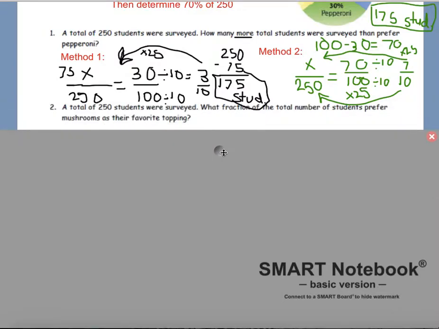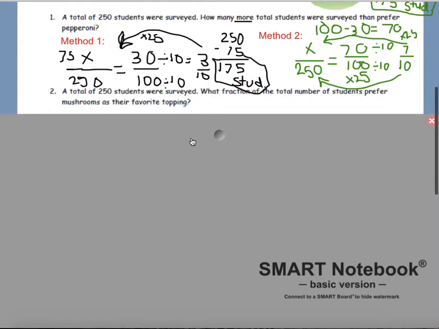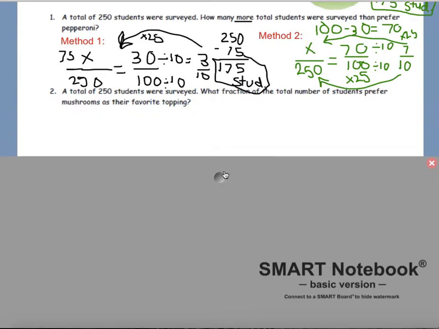All right, our second question asks, a total of 250 students were surveyed. What fraction of the total number of students prefer mushrooms as their favorite topping? So what fraction? We can set up our proportion.